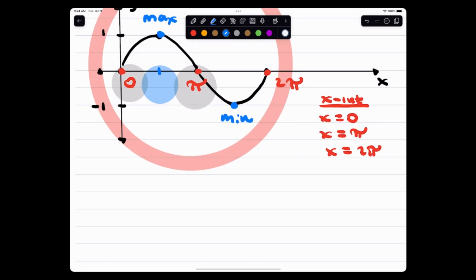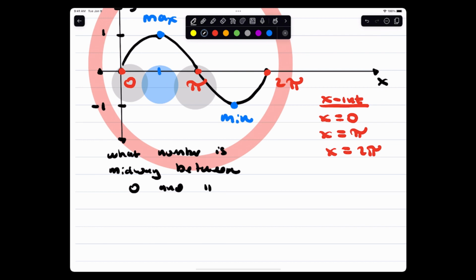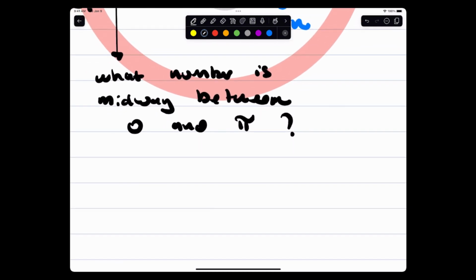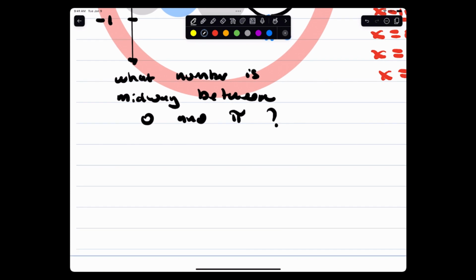So here's going to be our big question for this. What number is midway between 0 and pi? Okay, we're going to find a number that's midway. Now, I'm going to give you what's called a midway formula.